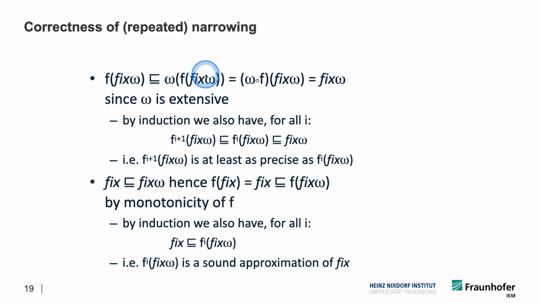Okay. But this is the same as this expression here, right? So it's just another way of writing it. And this again is the fixed point fix omega, right? That's just defined the same way. And so we definitely have this guarantee that these two are in this relationship. And then by induction, we know that for all i, we actually have this relationship here as well. And so in every single iteration, this is at least as precise as this one here. Okay.